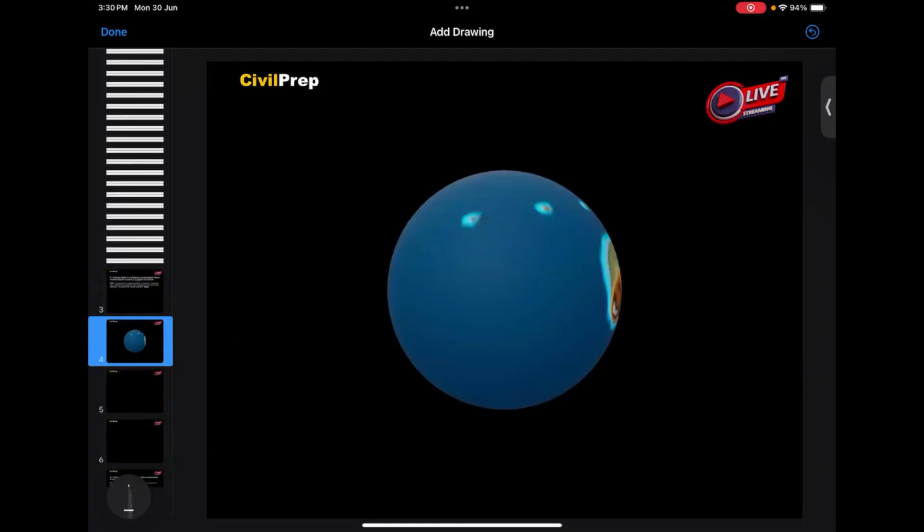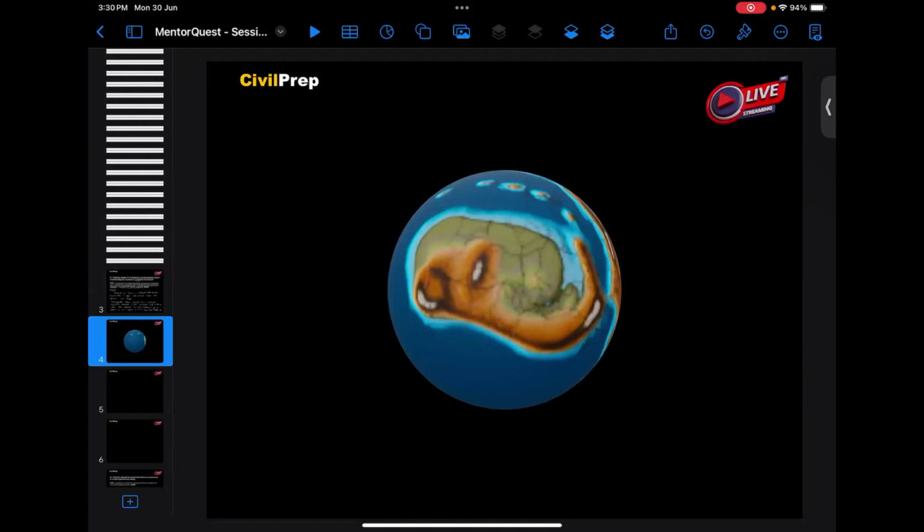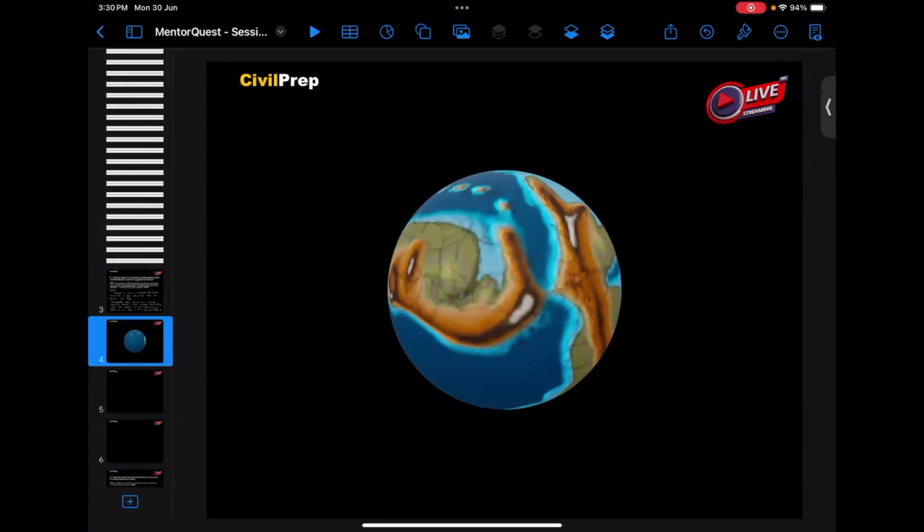Now, let's look at this model here, which is providing us evidence of the recent concept.